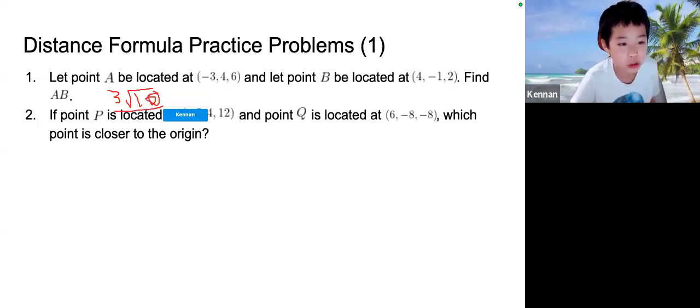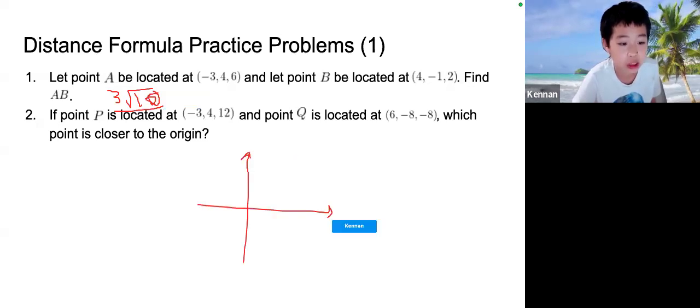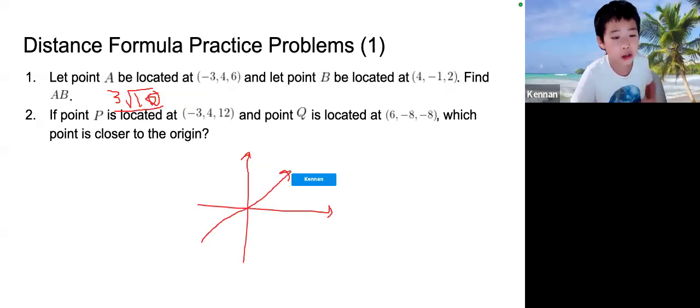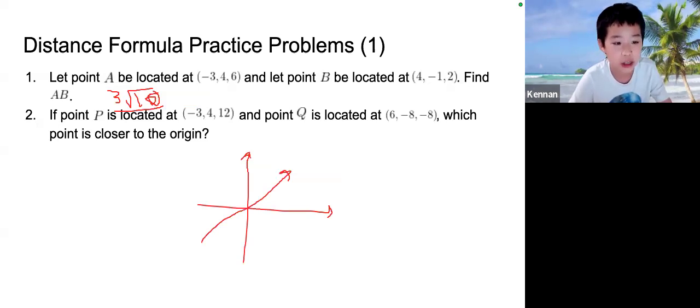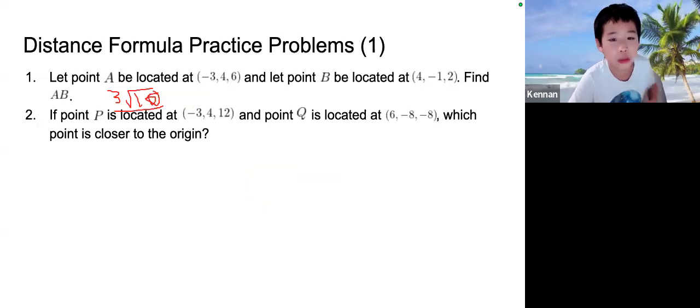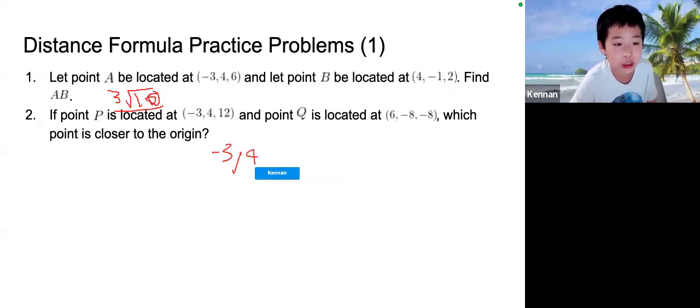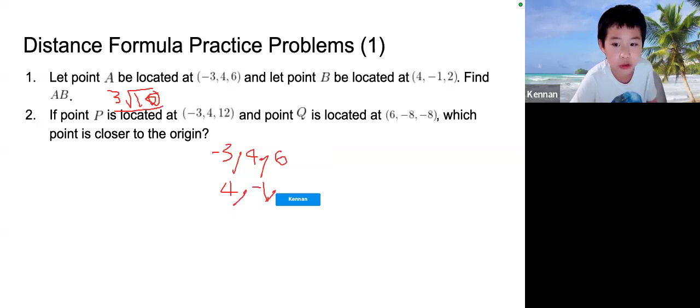So I'll explain why, and then I'll just erase this graph. Suppose we have XYZ space, a 3D space. I'm not going to draw it out, I'll just compute it. So we have (-3, 4, 6) and then we have (4, -1, 2).